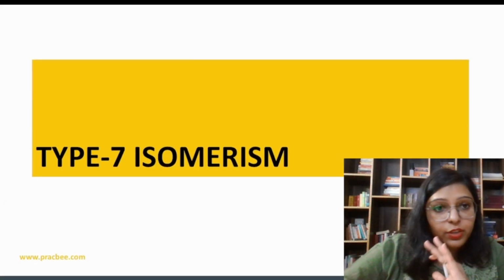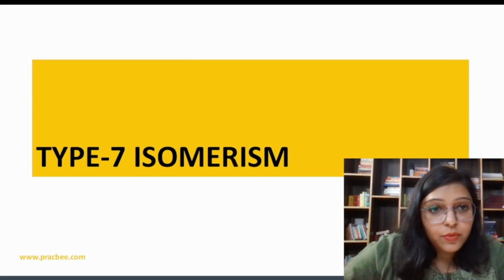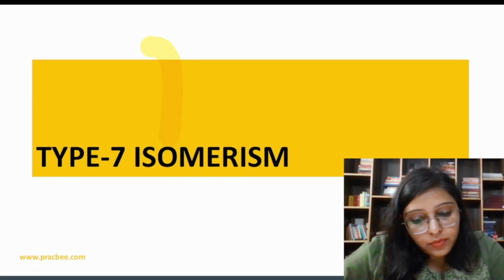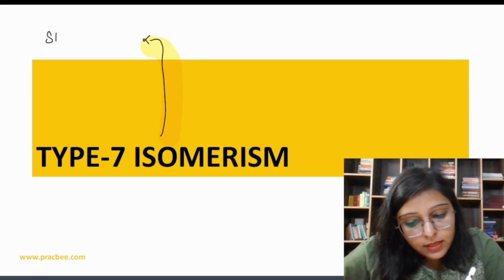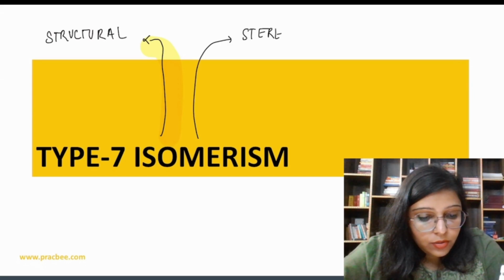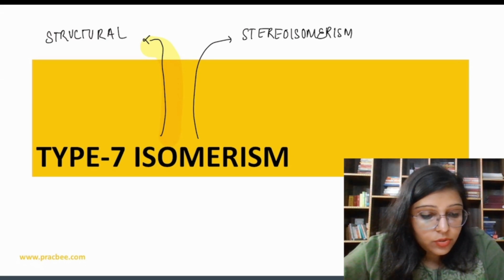Okay, now we are moving to the next type of question. In this type of question, we are going to discuss isomerism. In isomerism, we have two kinds: structural isomerism and stereoisomerism. Here we have two types: geometrical isomers and optical isomers.